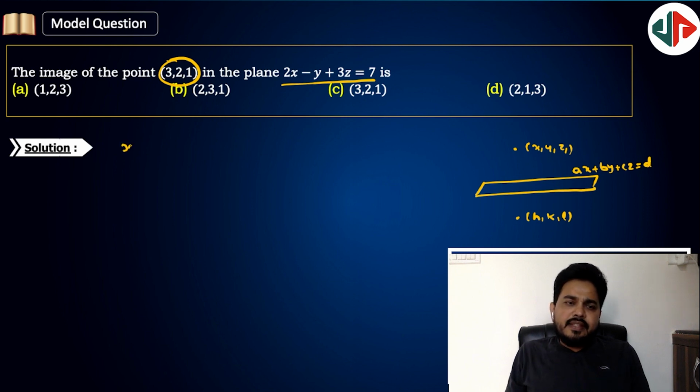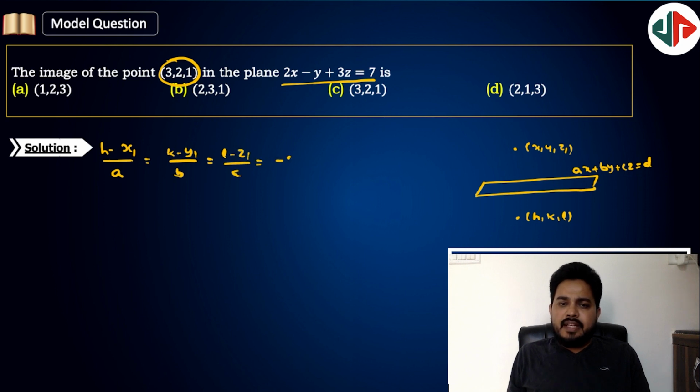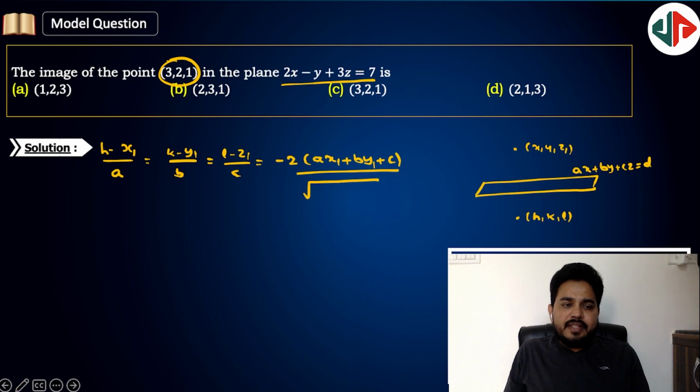The formula is (h minus x1) by a is equal to (k minus y1) by b is equal to (l minus z1) by c is equal to minus 2 times (ax1 plus by1 plus cz1) by, sorry, it's not the root over, it's directly by a square plus b square plus c square.